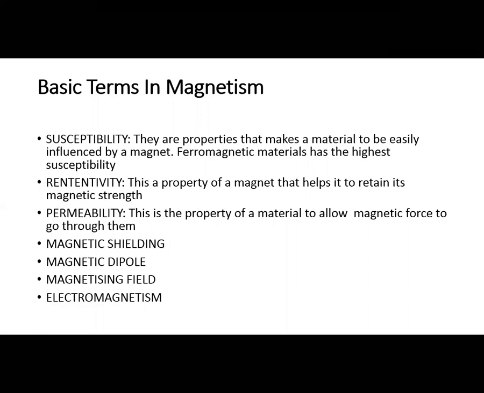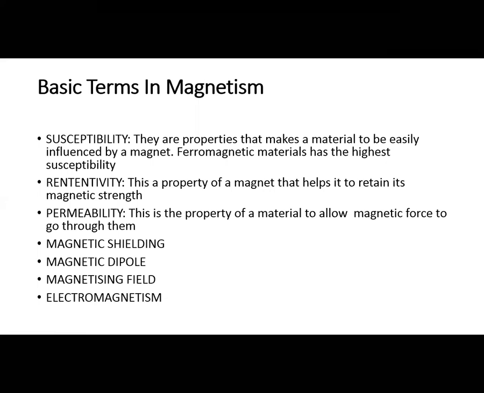When you take certain magnetic materials, the property that allows magnetic force to go through them. Let's say if you bring two magnets together and you bring a metallic substance in between them, what happens?